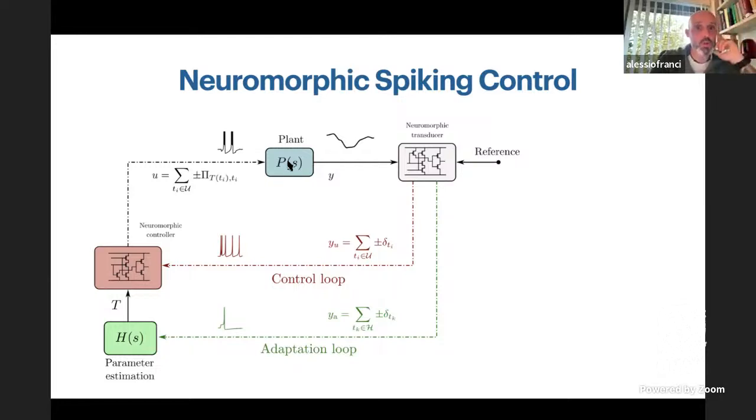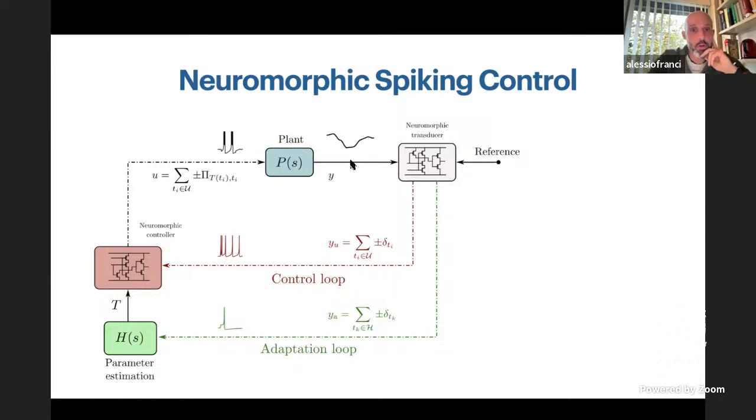This is the goal of control theory. The plant can be a robot, a chemical plant, a plane, a drone, whatever you need to control and want to make do something.